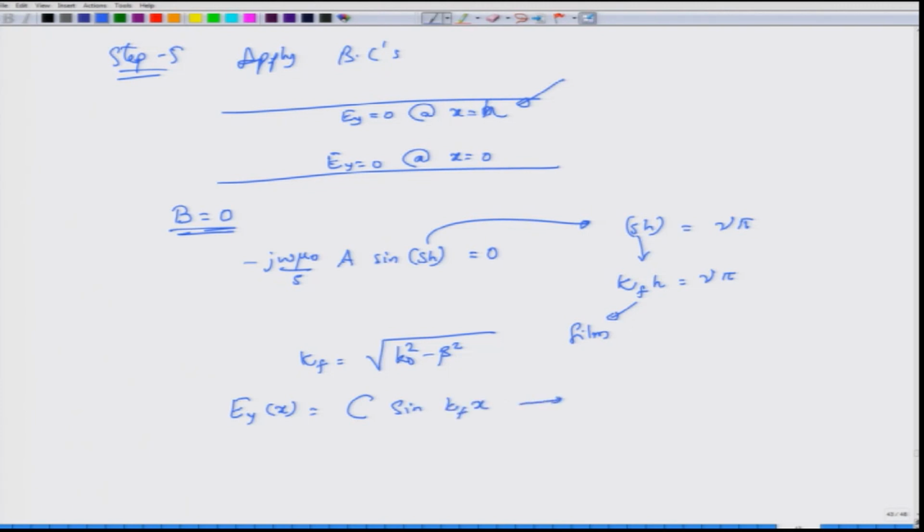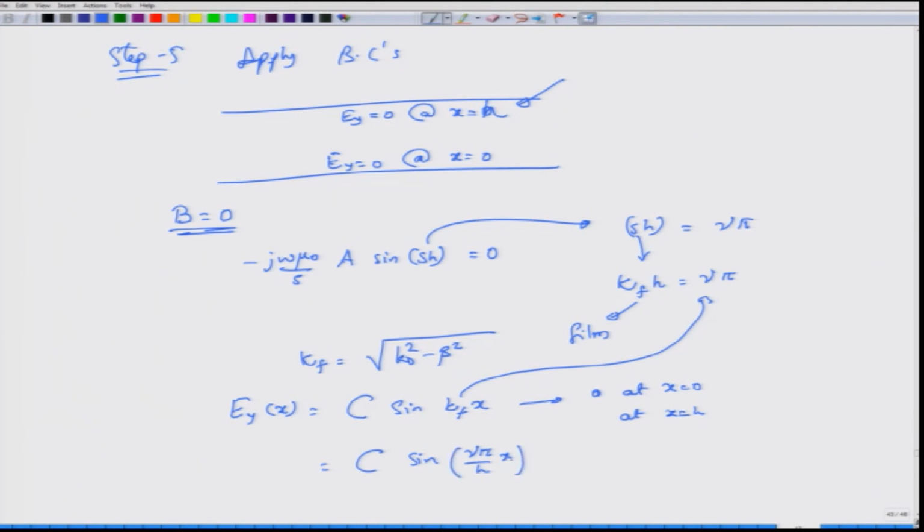Clearly this function will be equal to 0 at x equal to 0 as well as at x equal to h, because we have written kappa f in terms of some integer nu pi. So, this would be c sin of nu pi by h times x.